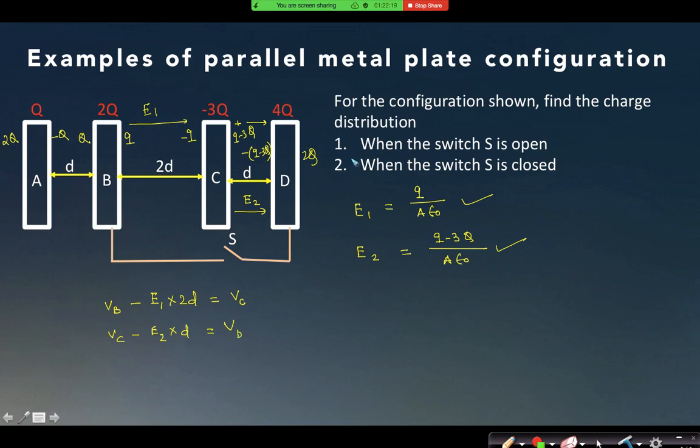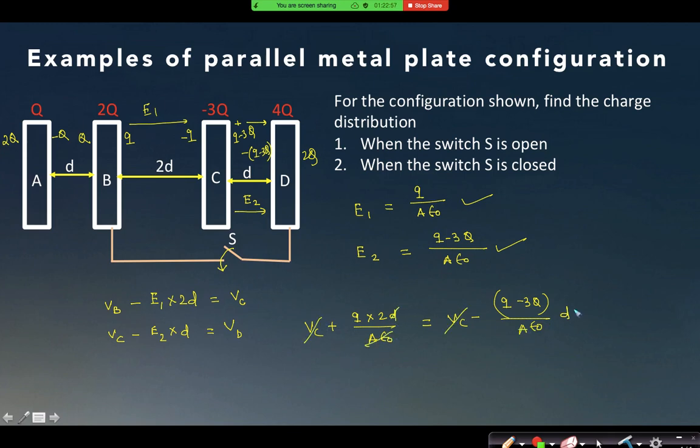Now, according to our given condition, which potentials have to be the same? VB and VD are the same. So I can say VB equal to VC plus E1 into 2D, that is Q into 2D by A epsilon naught, is equal to VD equal to VC minus E2 into D, that is Q minus 3Q divided by A epsilon naught into D. You can see that VC will get cancelled out.